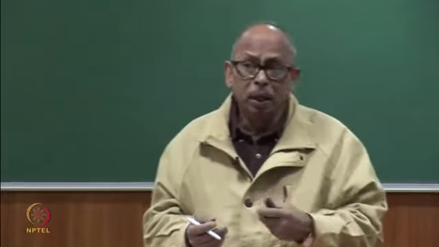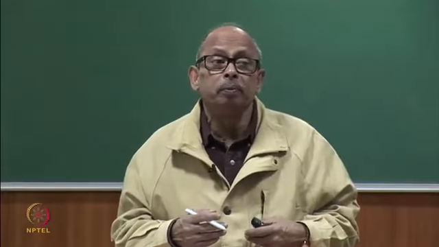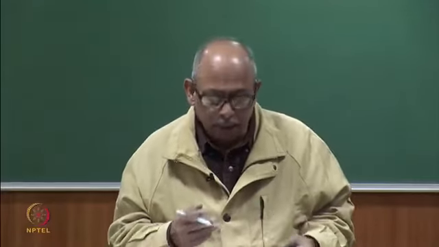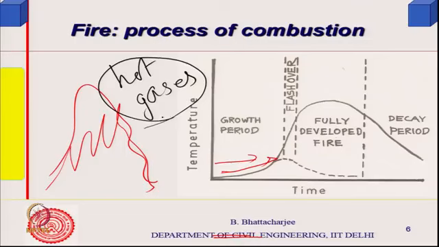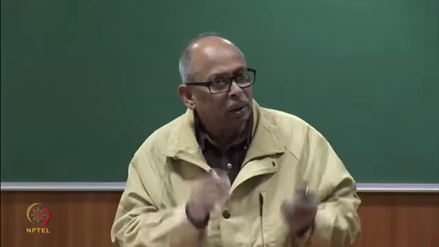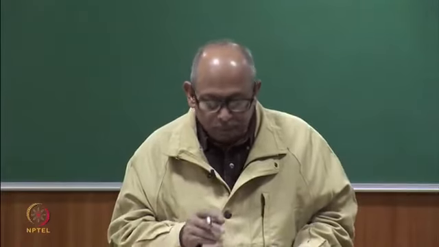Some of them are related to human health conditions. So hot gases would be generated, and these hot gases will have a tendency to go up, and they tend to accumulate over the ceiling.